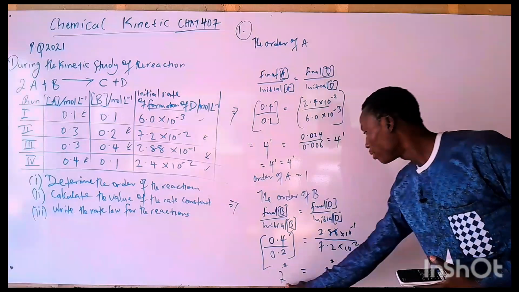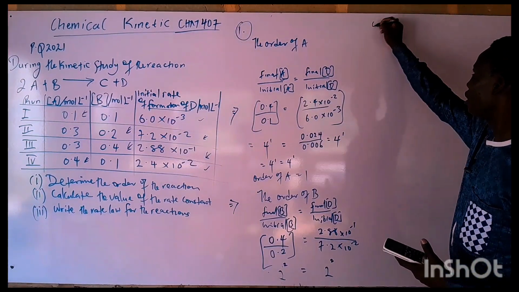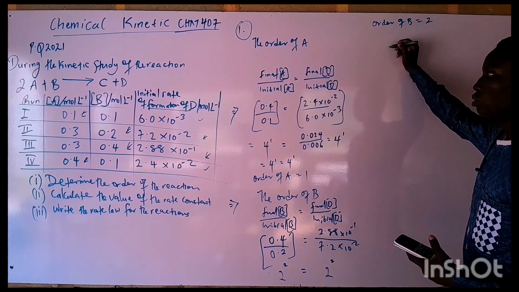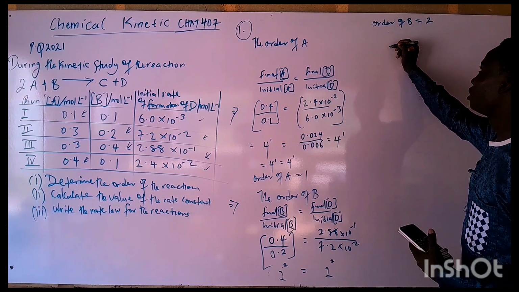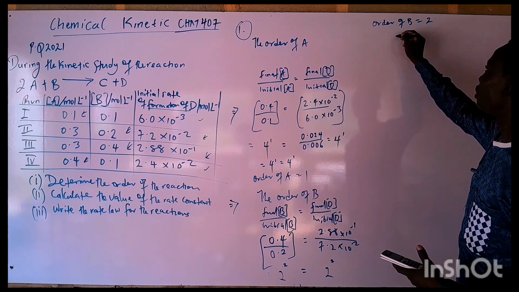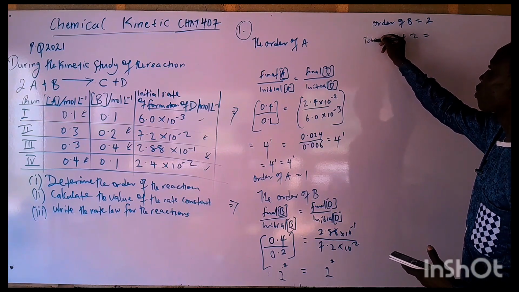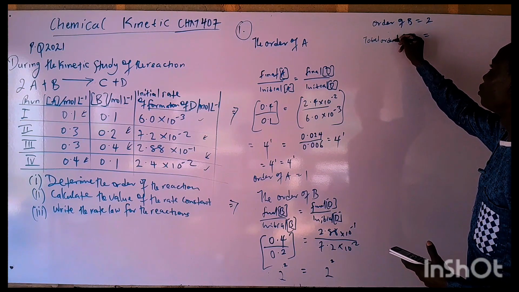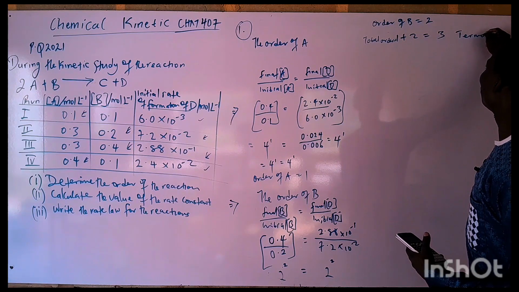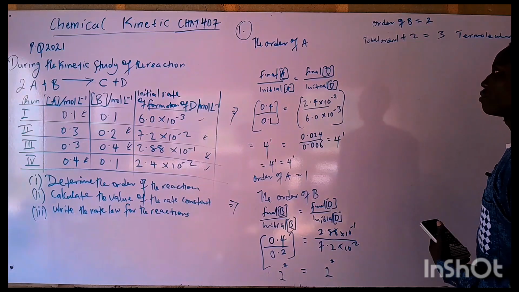Now, since we have this value in this place, that means order of B equals 2. So everything together will give you what? That is order of A plus order of B. 1 plus 2 will give you the total order, which is equal to 3, which is termolecular.